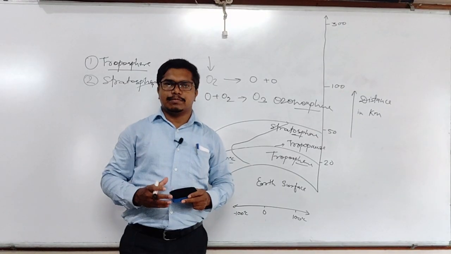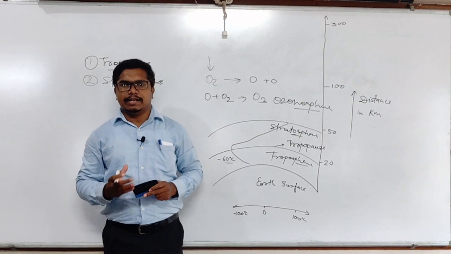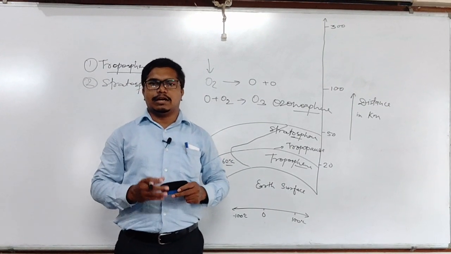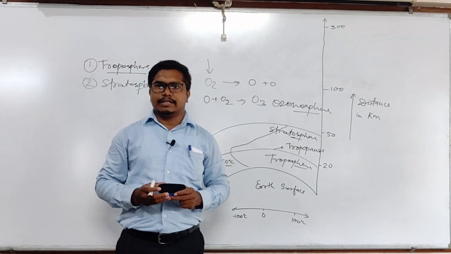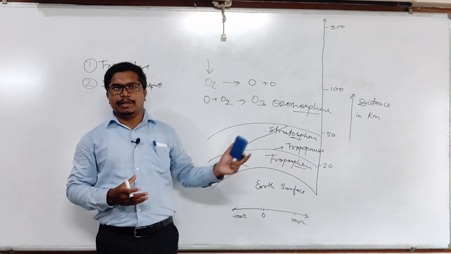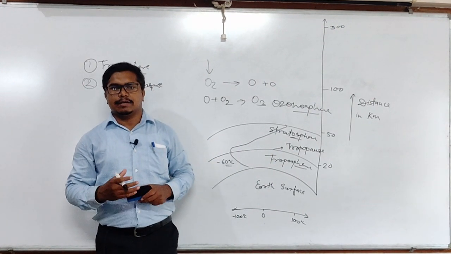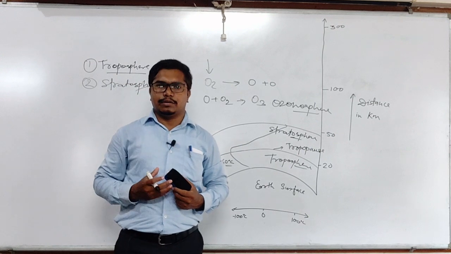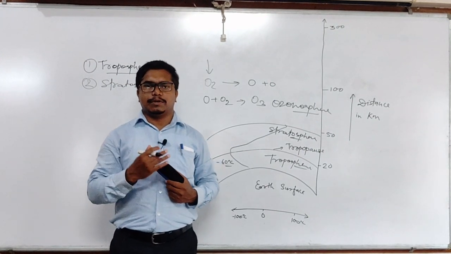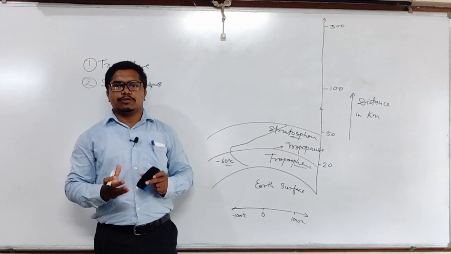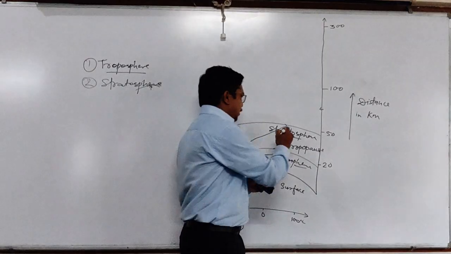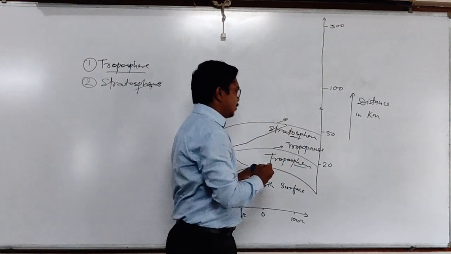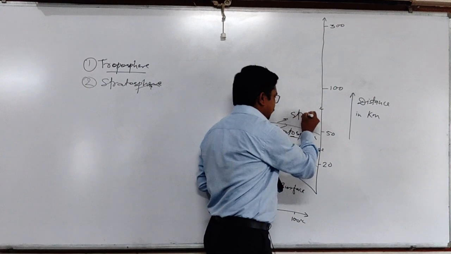This Ozonosphere absorbs the high intensity light of the sun as well as ultraviolet radiation of the sun. That's why in this region the temperature is very high as compared to the other zones of this particular layer. This stratosphere also contains a very narrow boundary which is called stratopause.